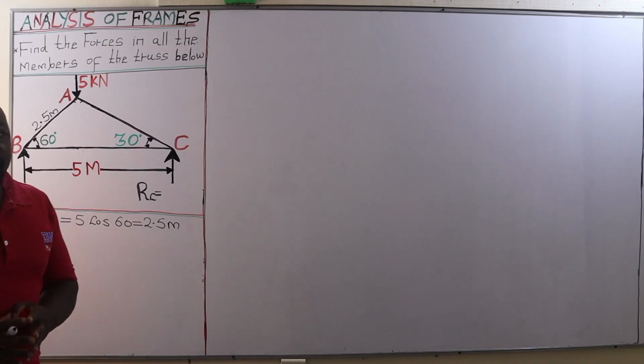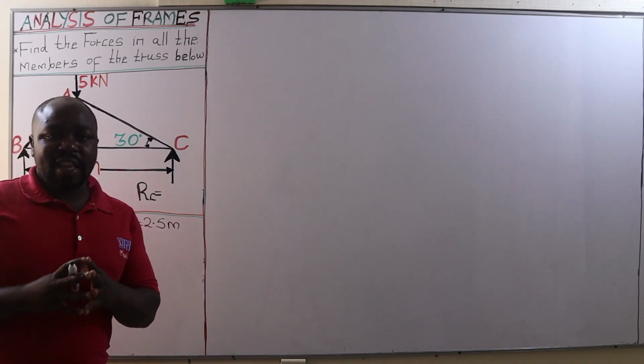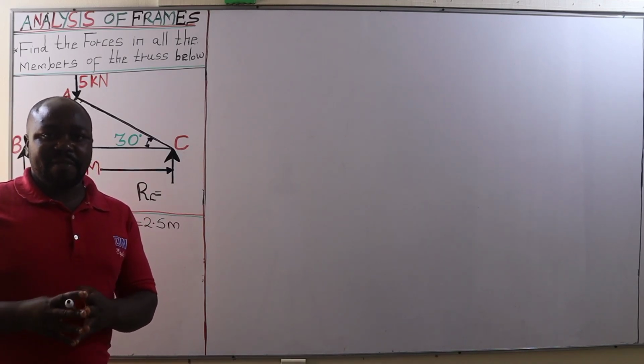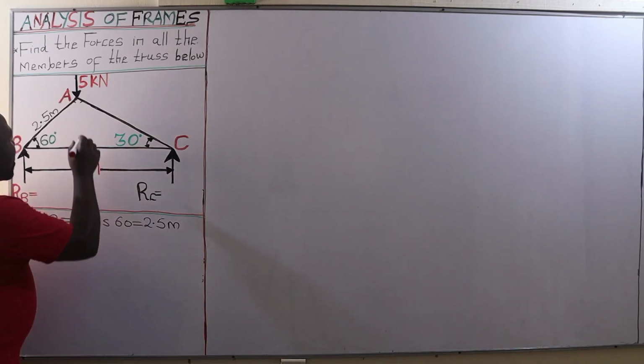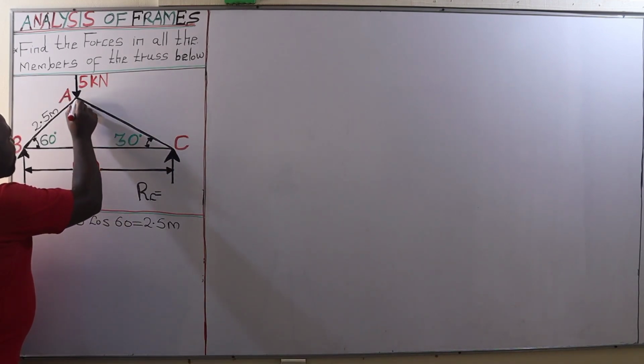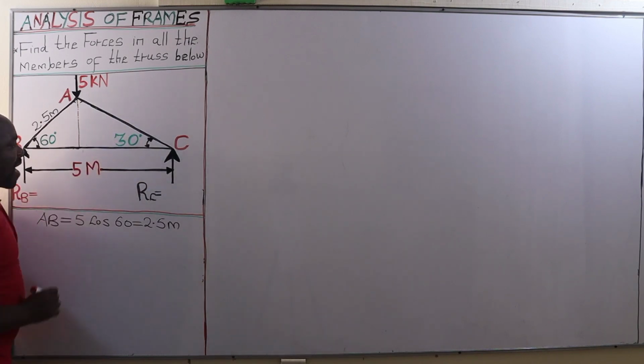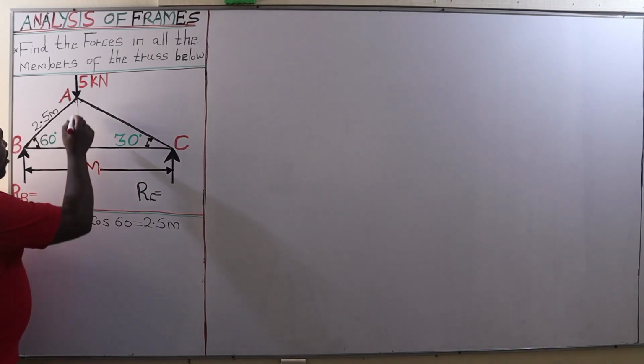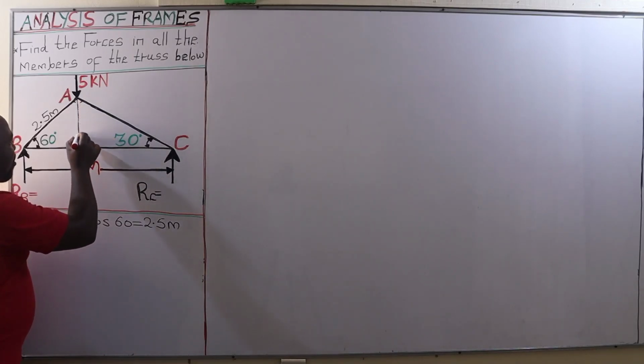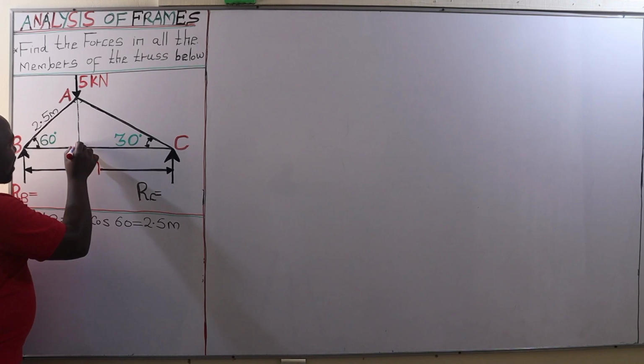Now, the next thing we are going to find out is the distance of the line of action of 5 kilonewtons from B. The line of action is this point on the member BC, that is, dropping a straight vertical line all the way to member BC, which is going to be a perpendicular line at this point.